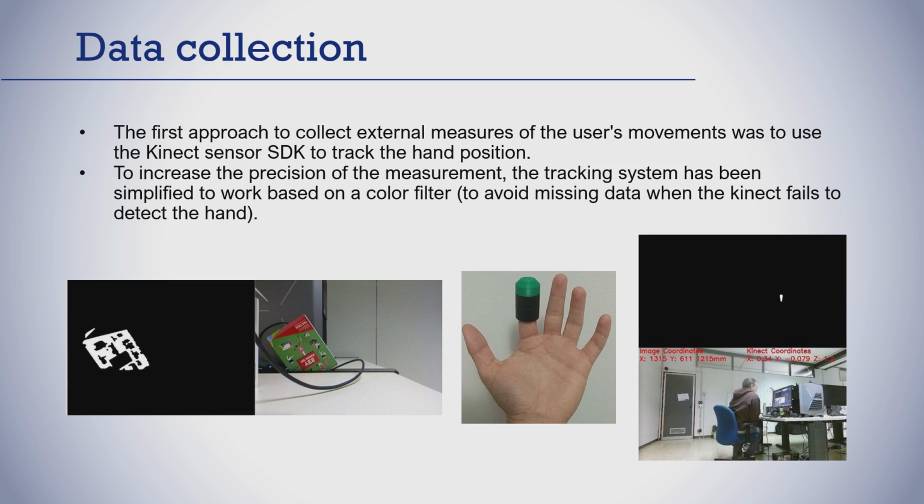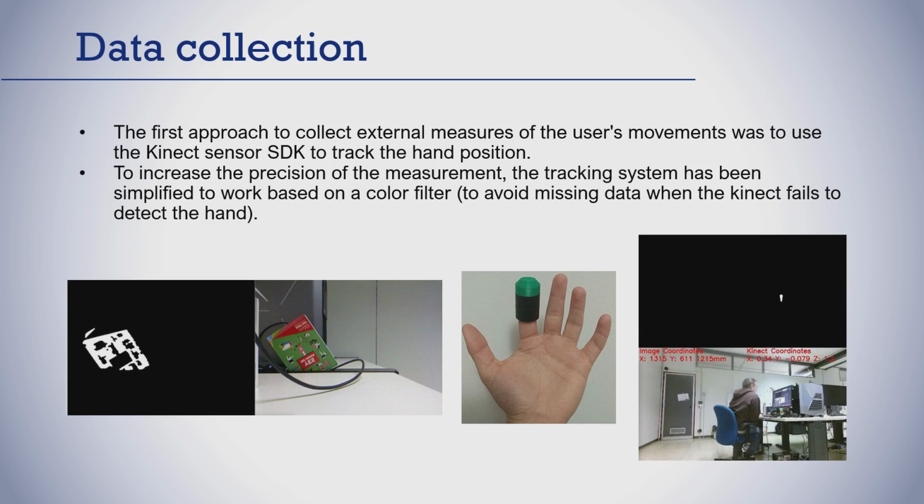About the data acquisition, in the first batch of experiments we used the Kinect SDK to track the hand's position, but that proved to be a little bit noisy because the Kinect often fails to find the skeleton of the user, and the measures of the hand position can be noisy. So this time we are going to use a simple color tracking technique to extract the position of only the finger.